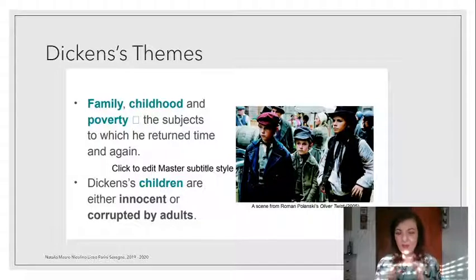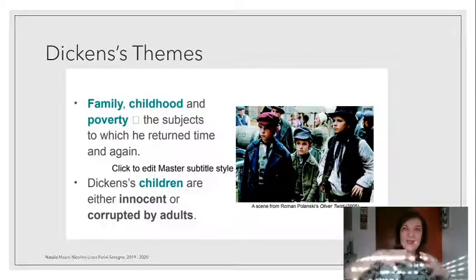A lot of novels have children as protagonists or as very important characters. Here, for example, you can see a scene taken from Roman Polanski's movie Oliver Twist, which was broadcast in 2005. Oliver Twist was the protagonist of one of his novels.